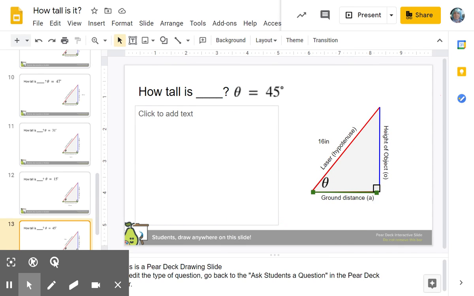So slide 13 does change a little bit. How does it change? It does give you the hypotenuse.